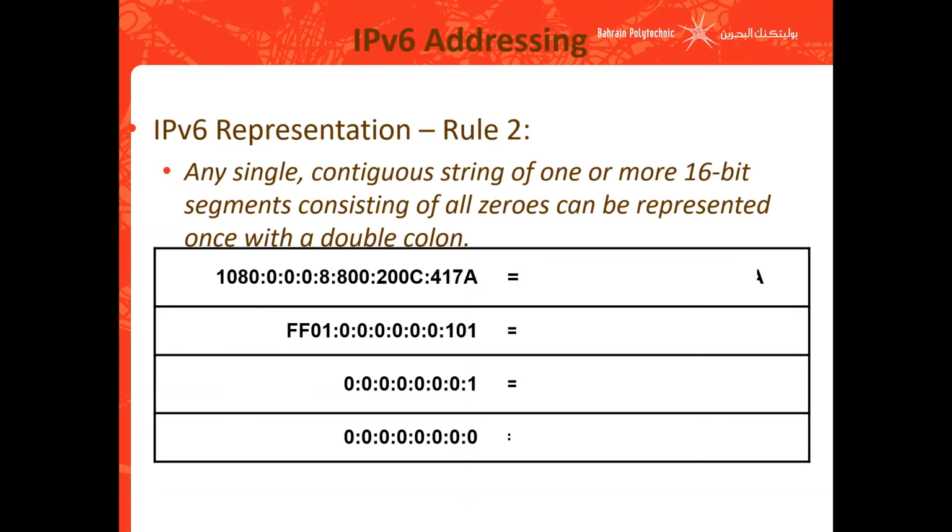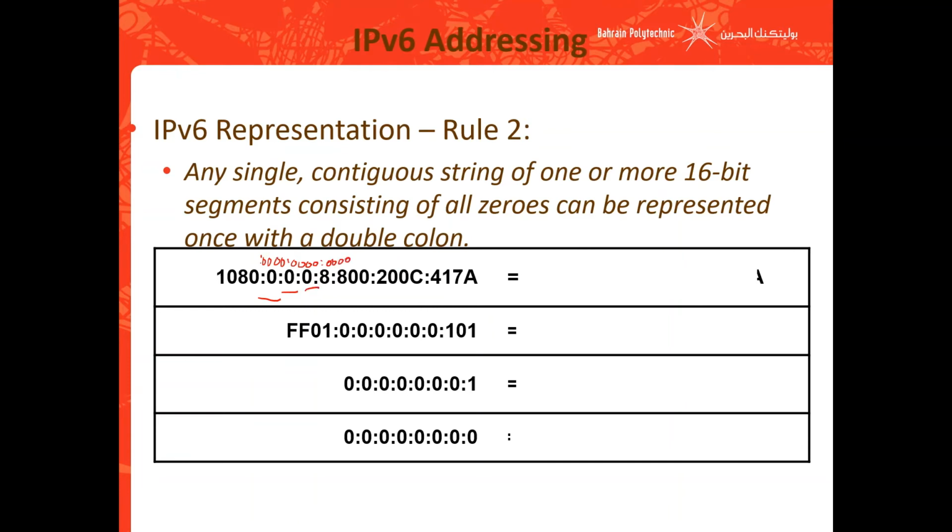So now for the second rule, what we have here is that if you have continuous zeros in the IPv6 address, which means if you take a look at this address, this hextet basically represents 0000, and then this one represents colon 0000, colon 0000 for this one.